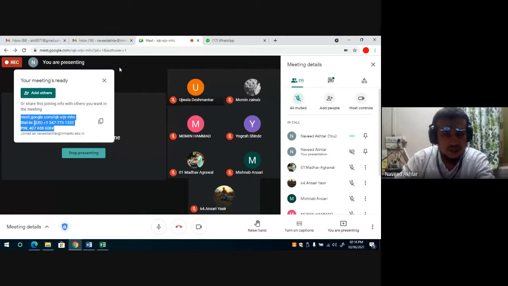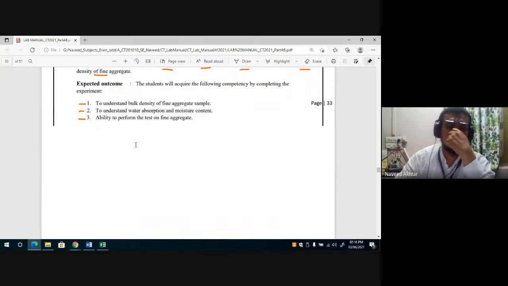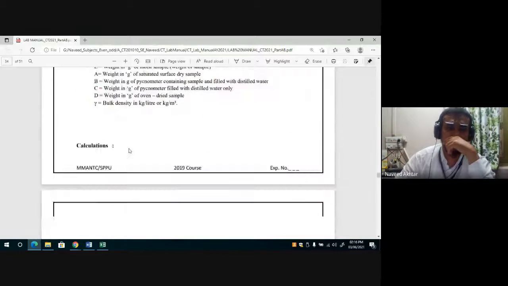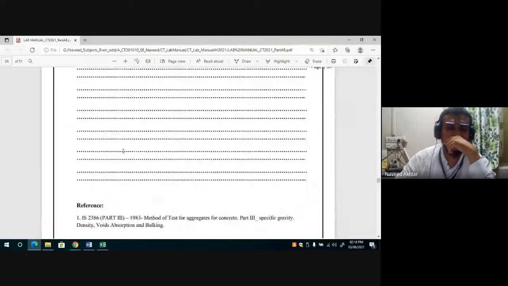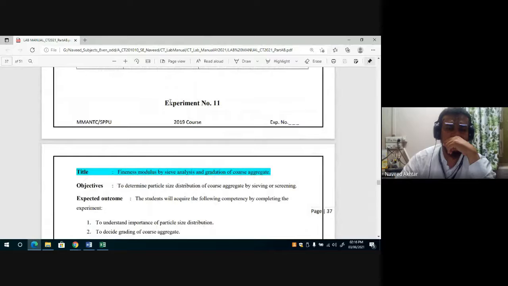Today we will see experiment number 11, that is the test on the coarse aggregates, which is the fineness modulus, the sieve analysis or gradation of coarse aggregate.